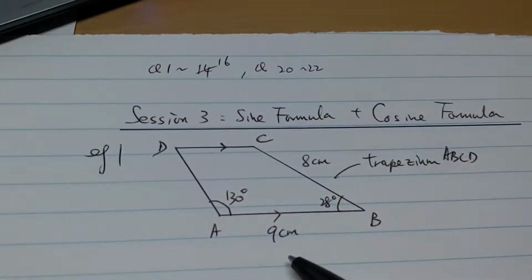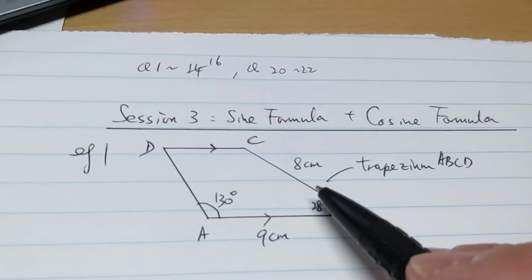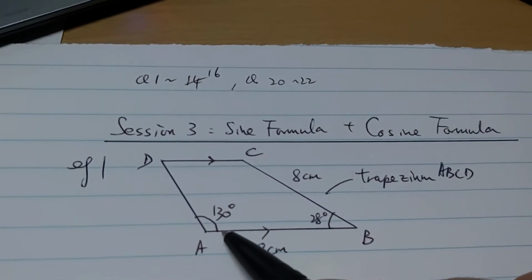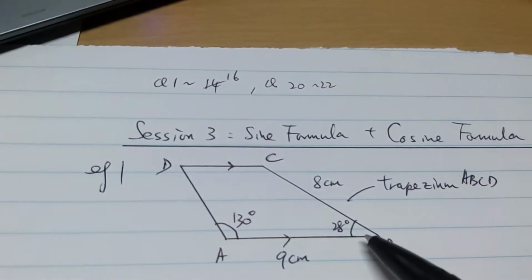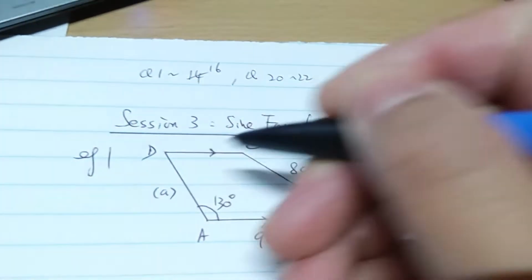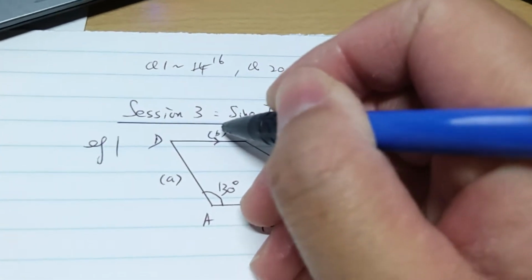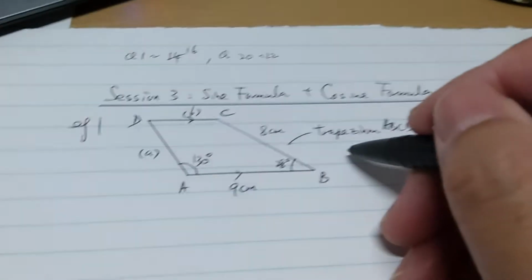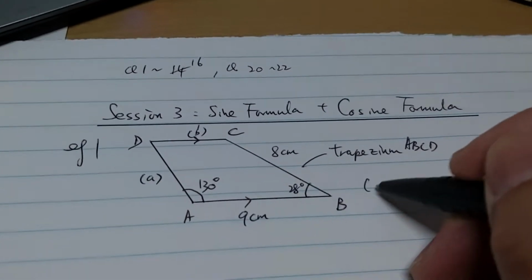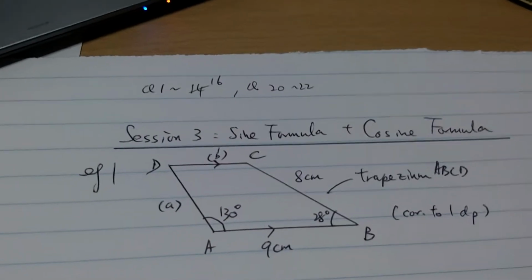AB is 9 cm, BC is 8 cm, and this angle is 130 degrees, this is 28 degrees. Find the length of AD, part A. And part B, find the length of DC. Correct to 1 dp for all the answers.